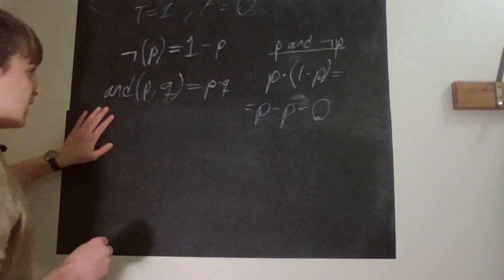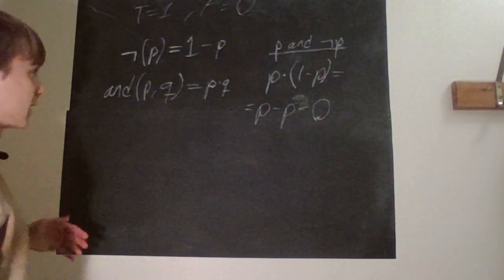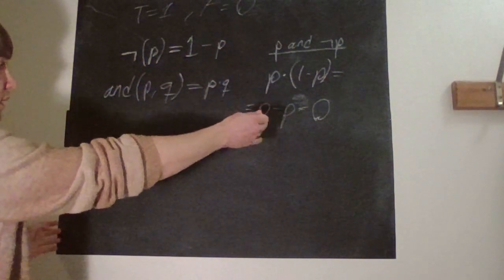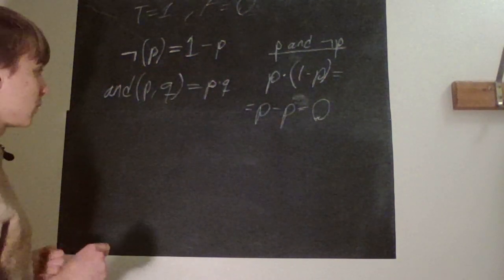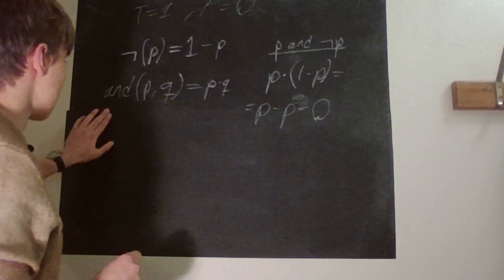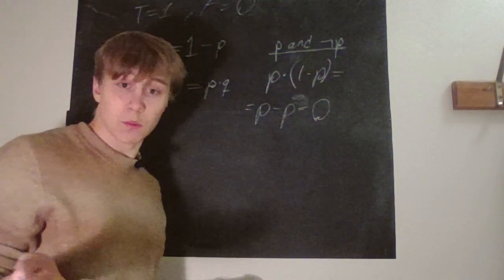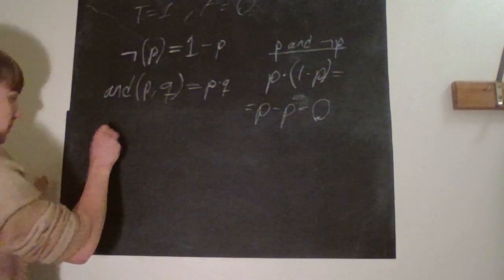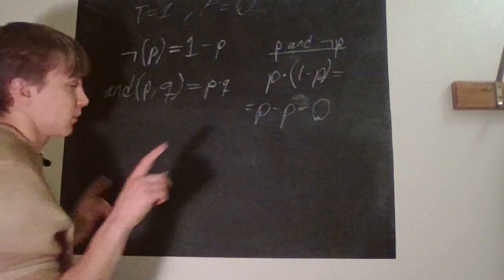Okay, so let's continue. You can also add these up, as much as you want. So say you want an OR. What is an OR? Let's just make a quick little table here.